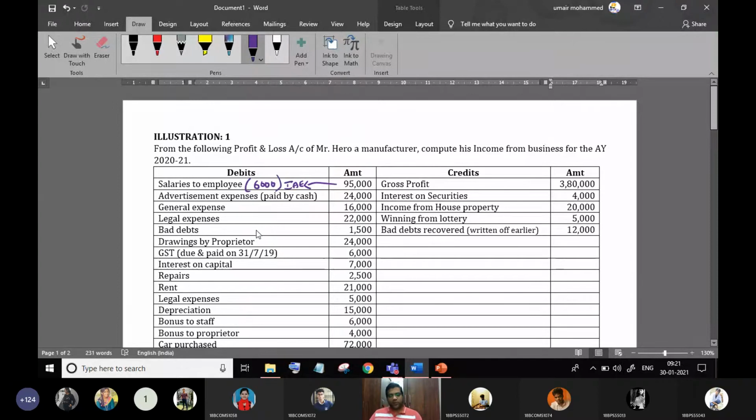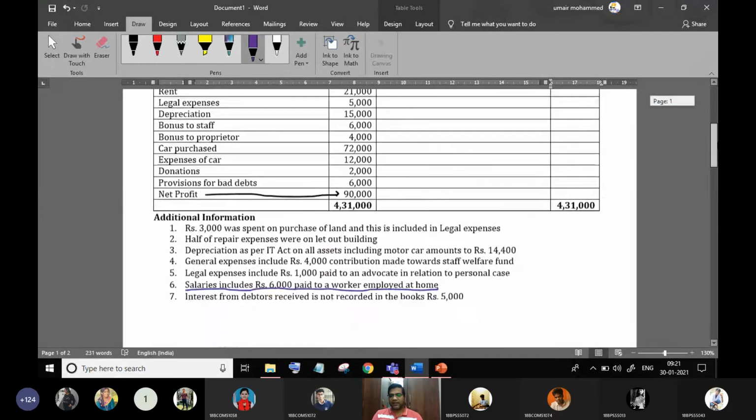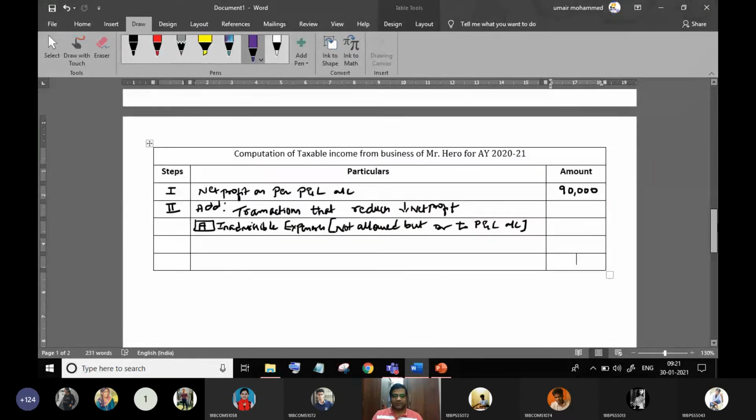We are okay with the remaining 89,000, but this 6,000 becomes inadmissible. Okay, so let's write that here in the question. So first one, salaries. In this salaries, salary paid to a worker at home. How much? 6,000. So this 6,000 becomes inadmissible. Simple.